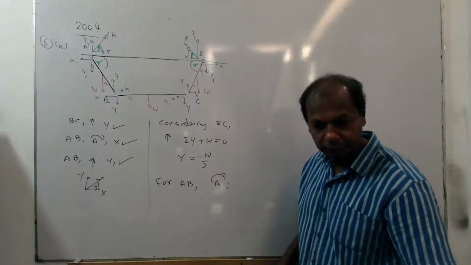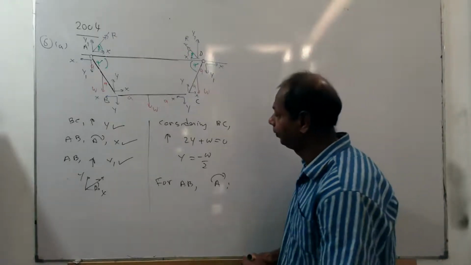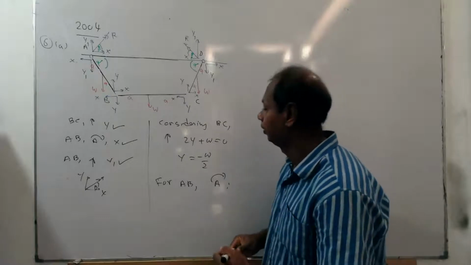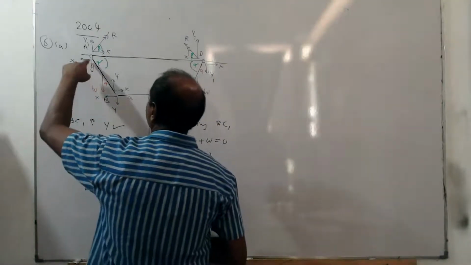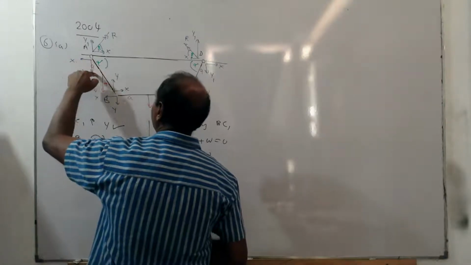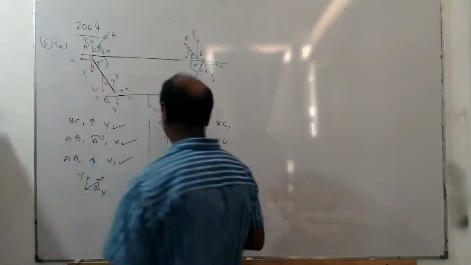AB, we take moments about A. Taking this direction as positive, W into the distance, which is a cos alpha.